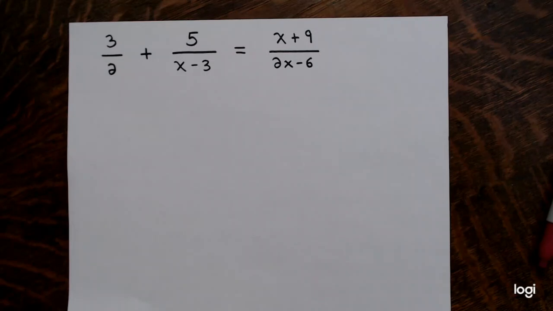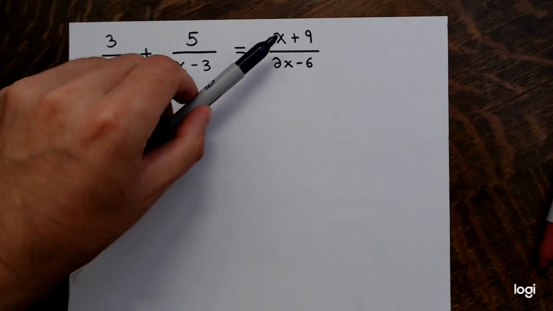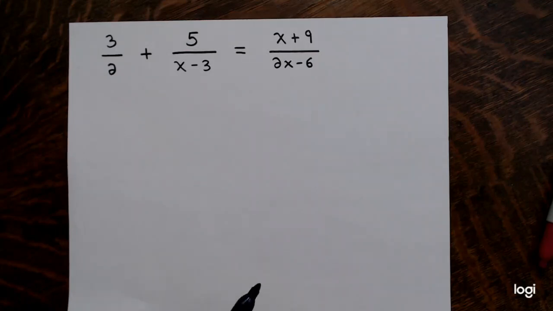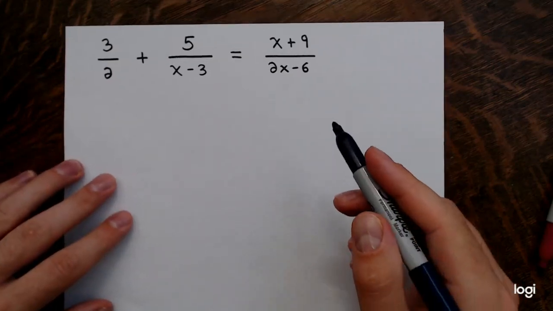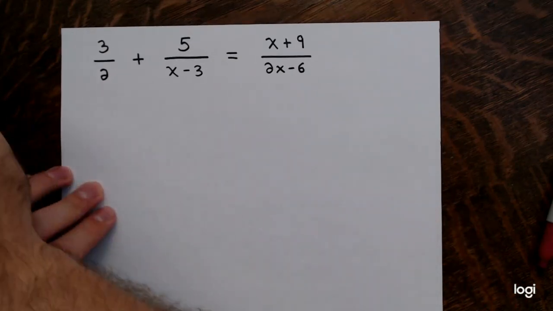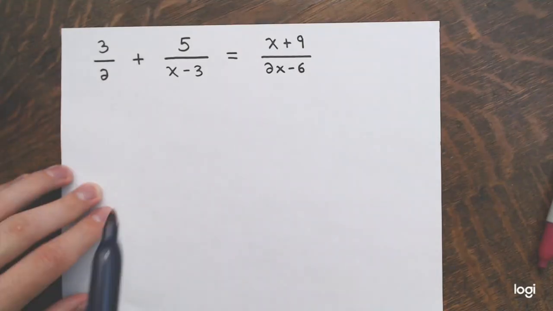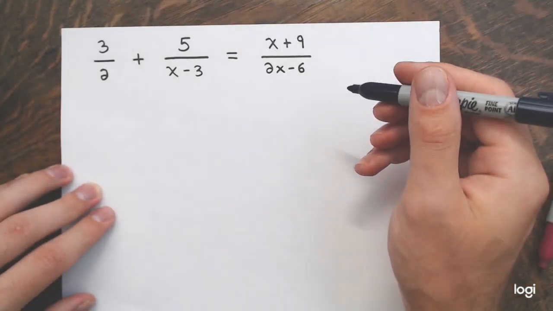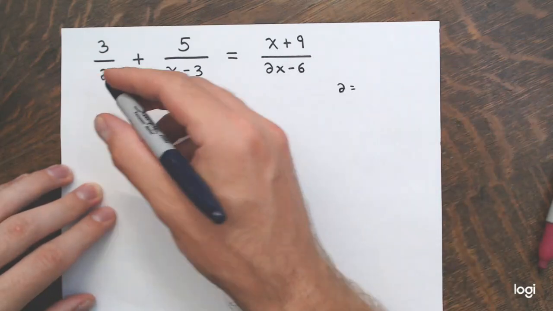Alright, so here I have 3 halves plus 5 over x minus 3 equals x plus 9 divided by 2x minus 6. So again, I am finding the LCD first. The first denominator I'm seeing is 2, which when you factor it is just 2.